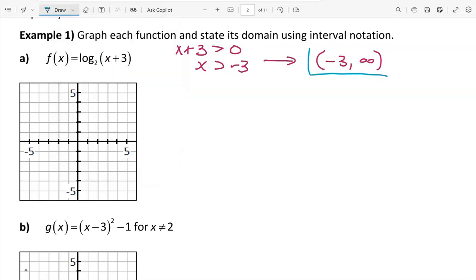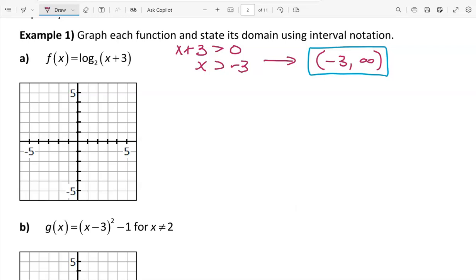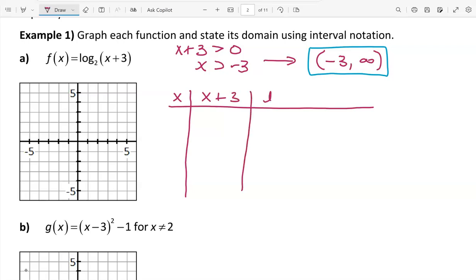and that's going to be our domain. In order to graph this function, I'm going to suggest that we set up a table of values. We need to plug in some x values, and in order of operations, add 3, and then take the log base 2 of each of those values.